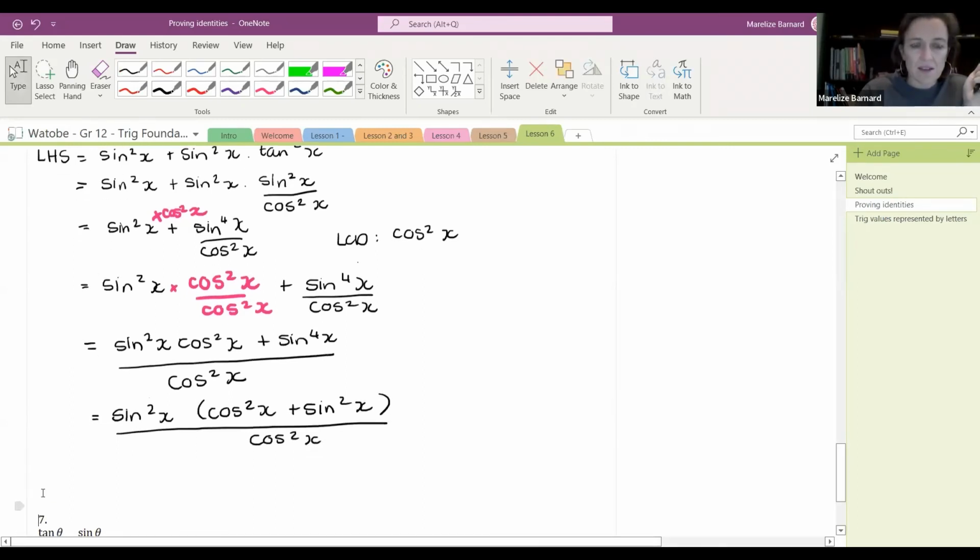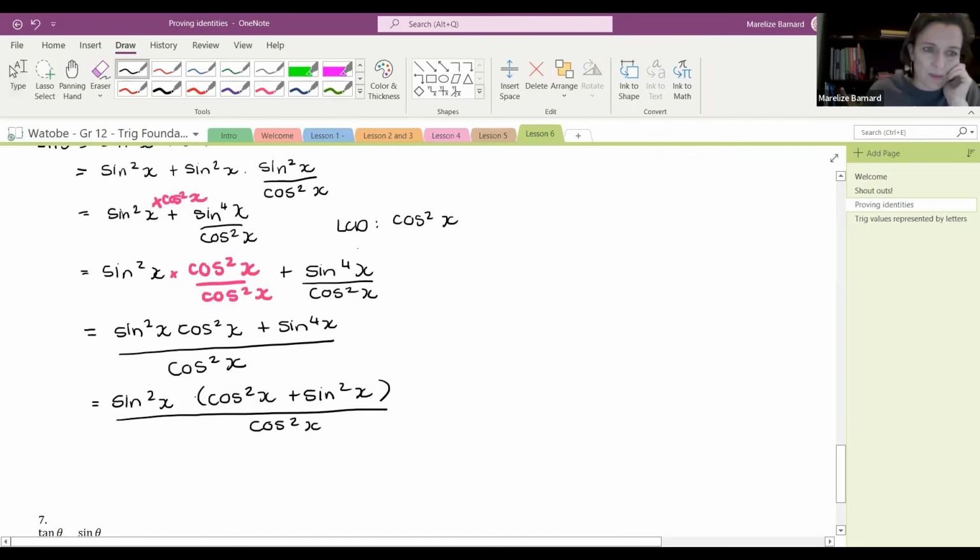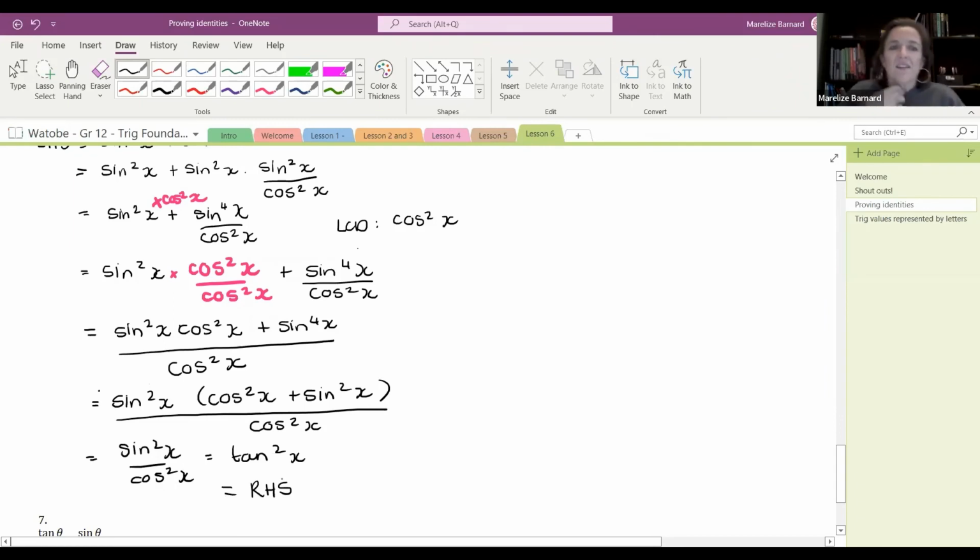And that is what we need to get tan squared x. So sine squared x over cos squared x is tan squared x, and that equals the right-hand side. So that's just using your squared identity and making the denominator the same the whole way through.